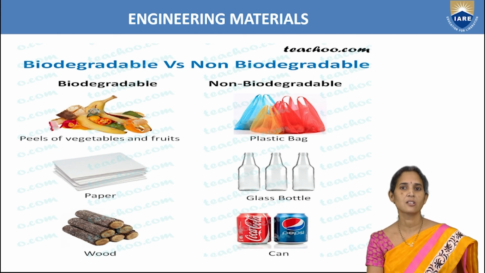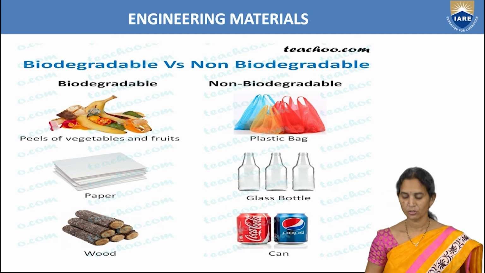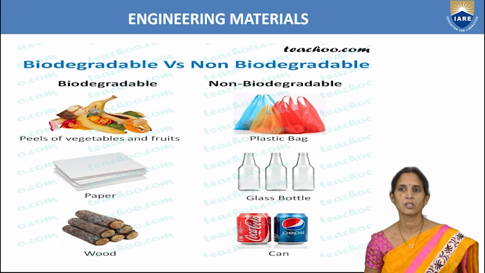And we can take the example of biodegradable. So for biodegradable examples, we can take food waste, vegetables and fruits, and we can take paper also. Paper is also biodegradable, and we can go for recycling. And wood also is biodegradable. So these are the examples of biodegradable and non-biodegradable. Waste means these are the items we use every day and throw outside.